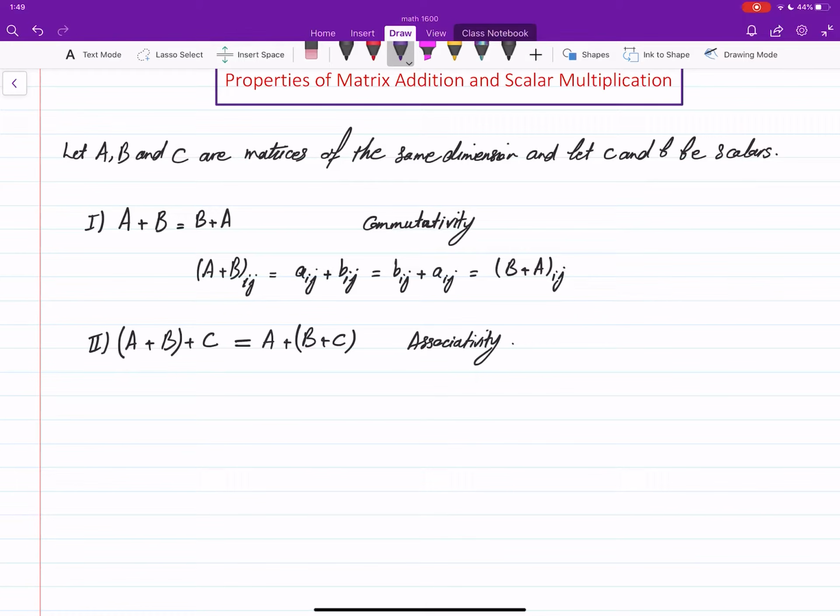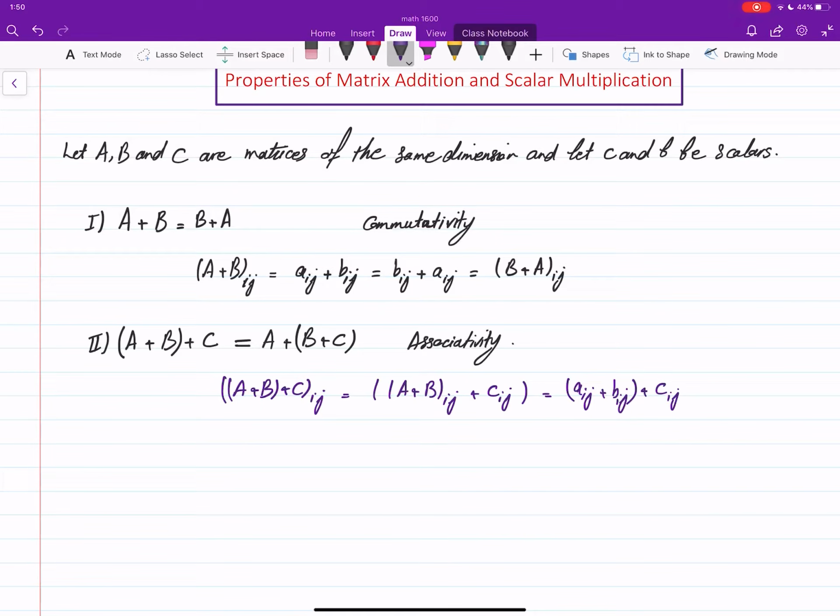And how to prove this again: A plus B plus C, if you're looking for the ij entry, this is going to be the ij entry of A plus B added to the ij entry of C, but this is the same thing as aij plus bij, then plus cij.